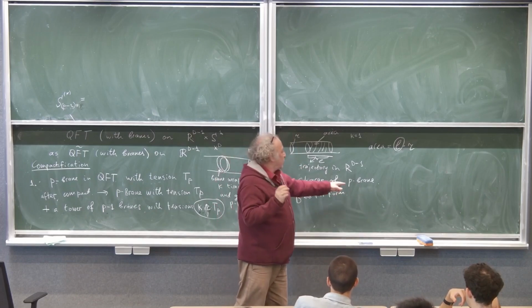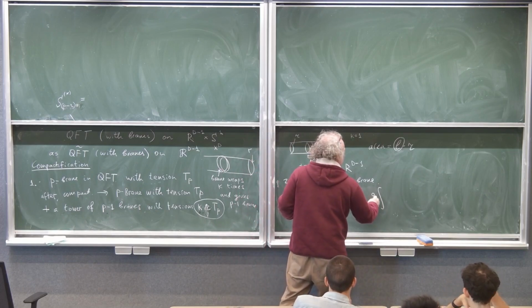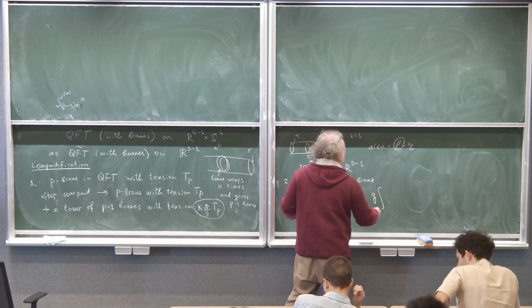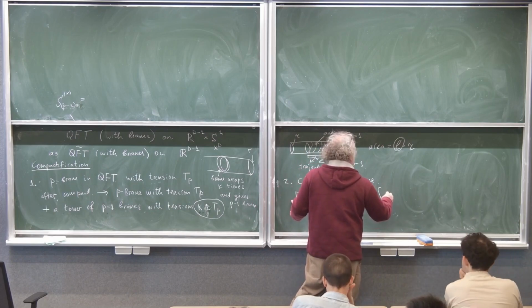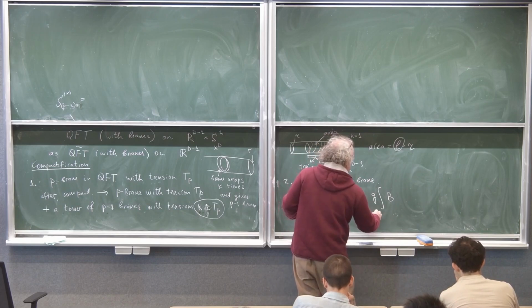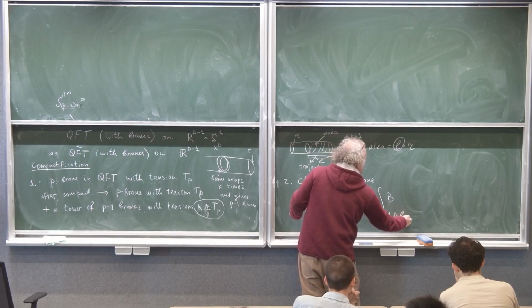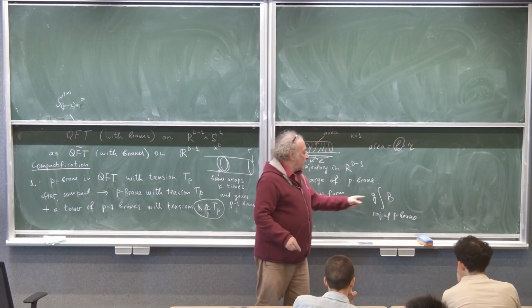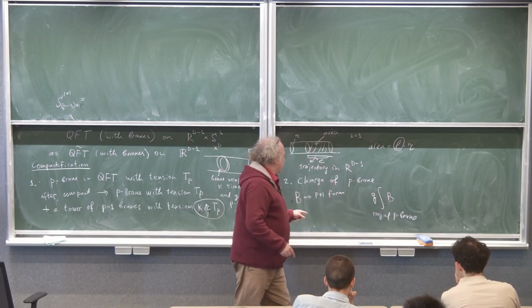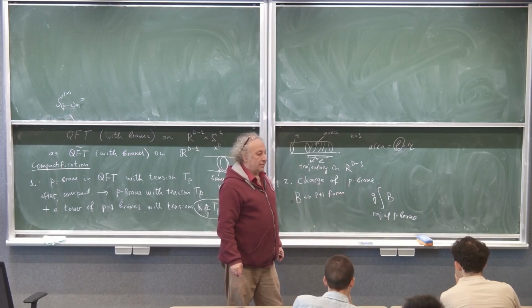And we say that a p-brane is charged if there is such a term in the action. I take this B and integrate it over the trajectory. If such a thing happens, I would say that the p-brane is charged with respect to the tensor field B with a charge q.